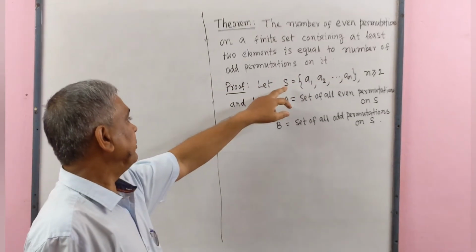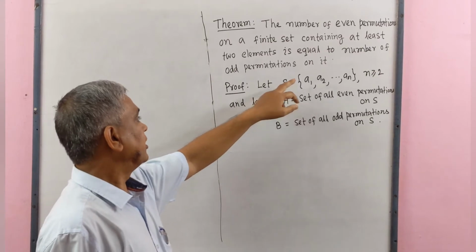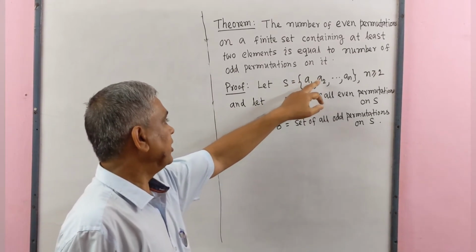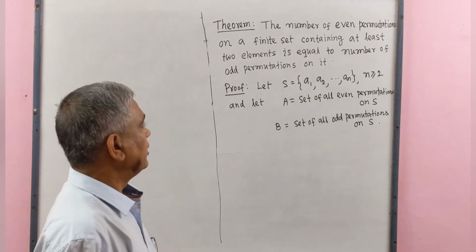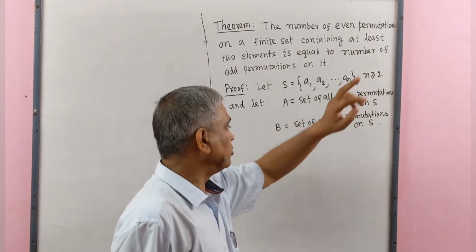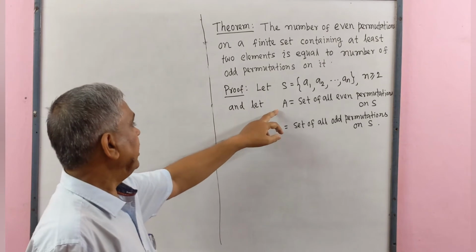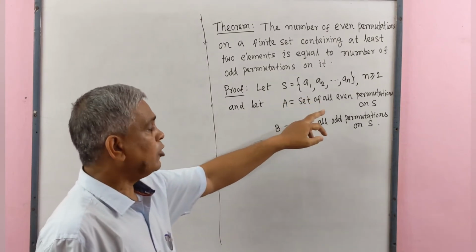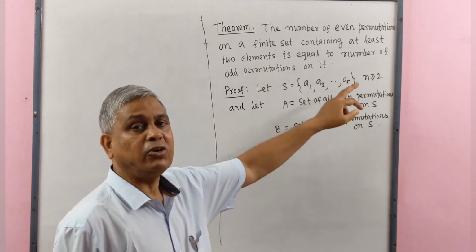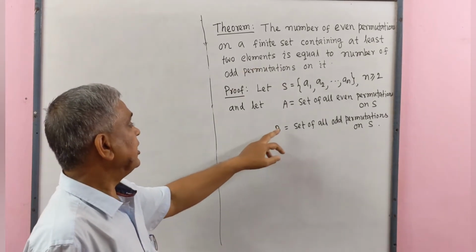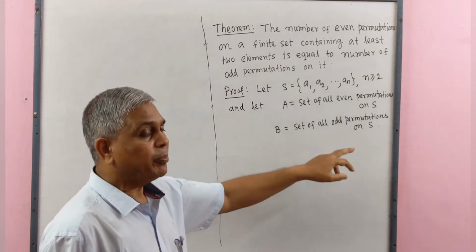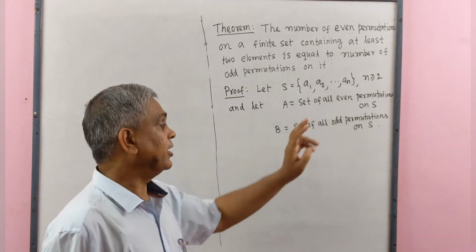Let S be a finite set containing elements a1, a2, ..., an, here n greater than or equal to 2. Let A be the set of all even permutations on S and B be the set of all odd permutations on S.